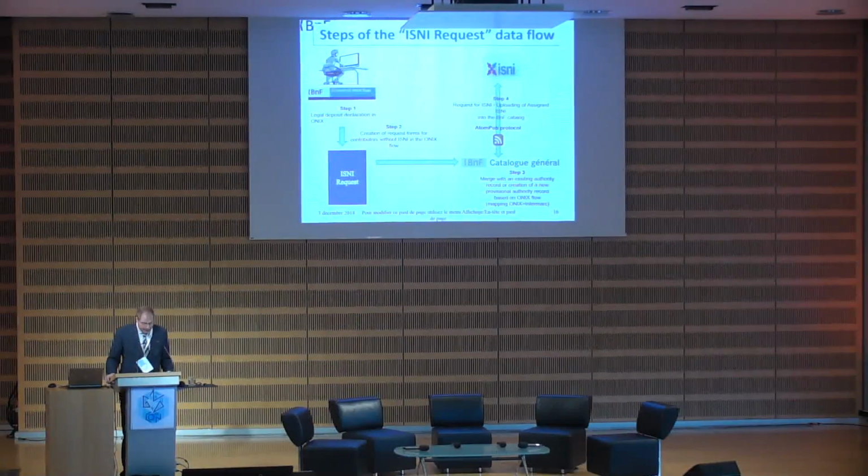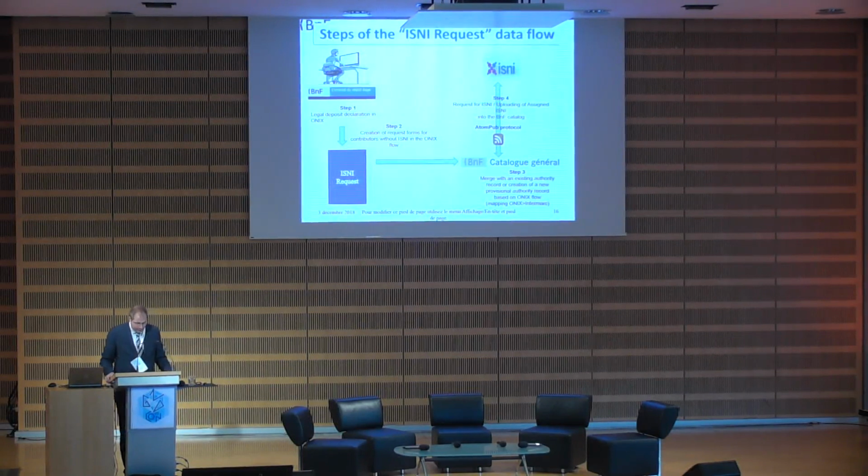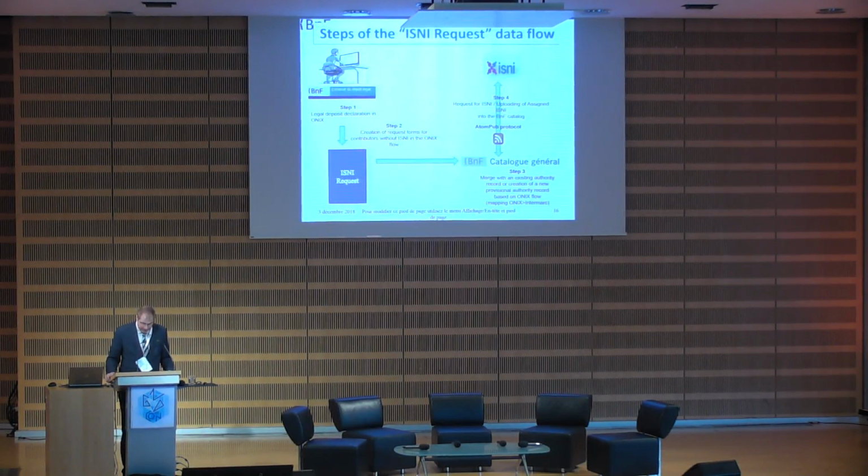And we are developing new data flows with publishers who use Onyx, which represents in France 15% of the whole legal deposit per year. The idea is to use this Onyx data, map it with our MARC format, and create provisional authority records for new authors.